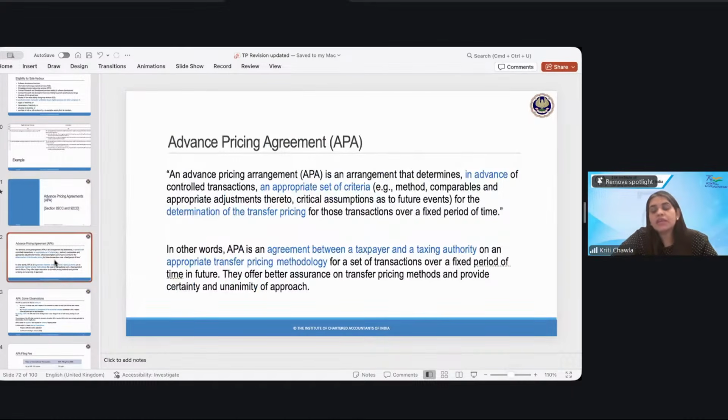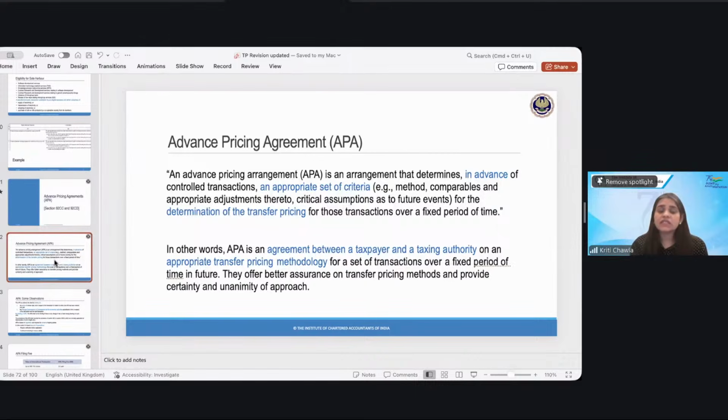Now, what is APA? APA is more like an agreement between the tax authorities and the taxpayers, and they will sit and decide, if there is a disputed international transaction, an appropriate transfer pricing methodology.